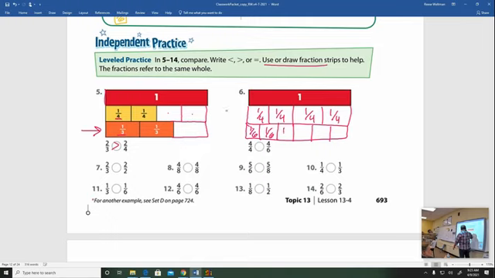1/6, 1/6, 1/6, and 1/6. I'm not going to write in the other ones because we have how many 6? How many 6 do we need for this problem? We're on 6.